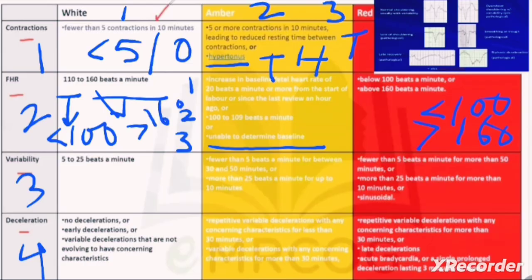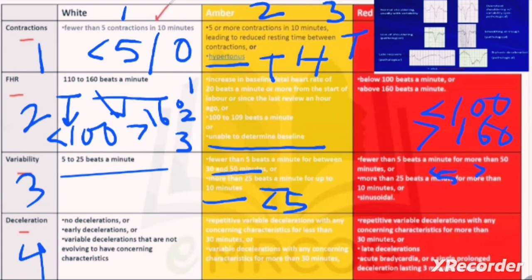Now coming towards variability, if it's 5 to 25 beats, it's absolutely normal. If it is less than 5 for 30 to 50 minutes, we categorize it as a suspicious feature. If there is more than 25 beats for up to 10 minutes, it's also an amber feature. Now the red part of variability: if it is less than 5 for more than 50 minutes, we categorize it as alarming.